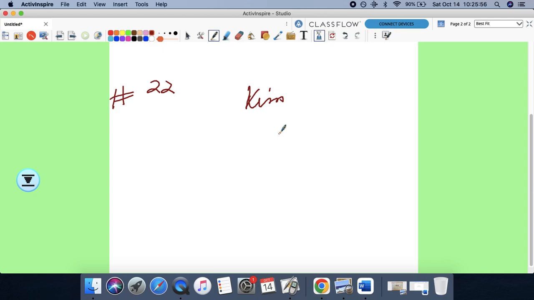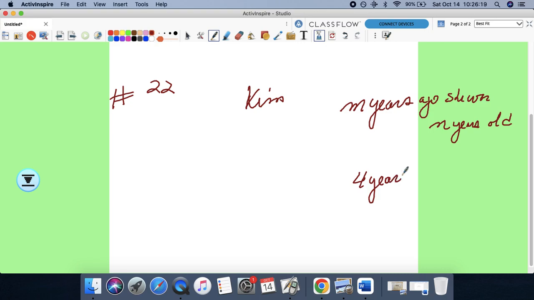If m years ago she was n years old. So let's read that. M years ago she was n years old. So let's say 4 years ago, let me change that with some numbers. 4 years ago, she was 12 years old. Making that up. Okay?